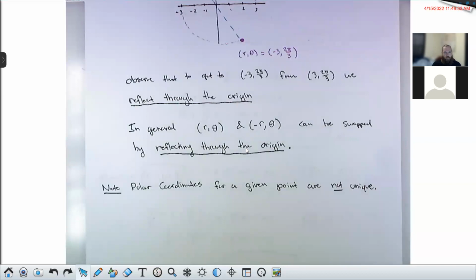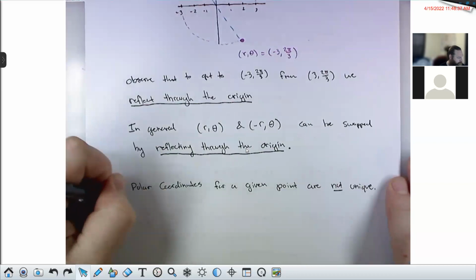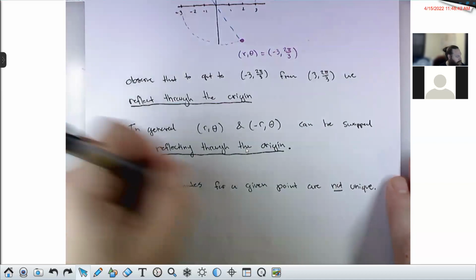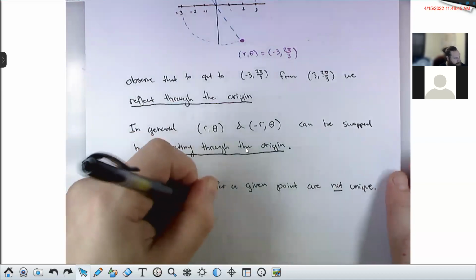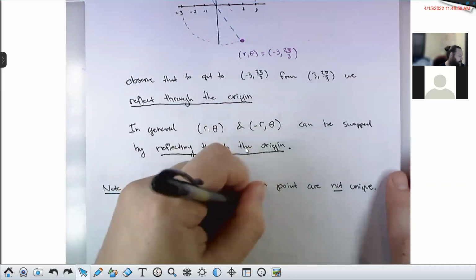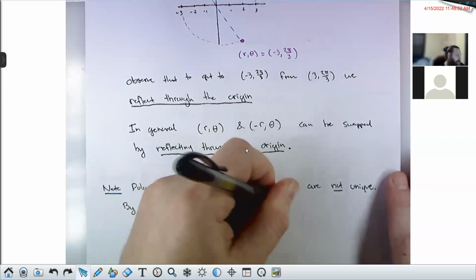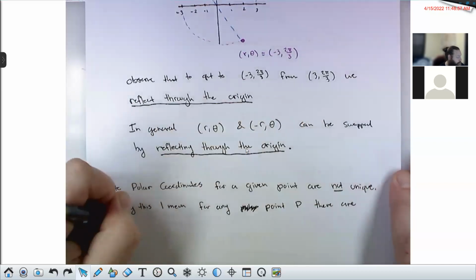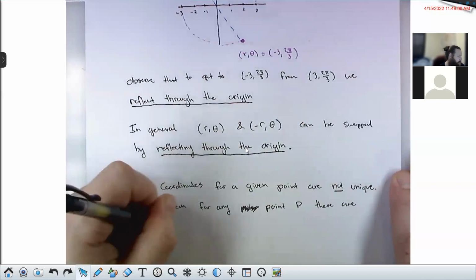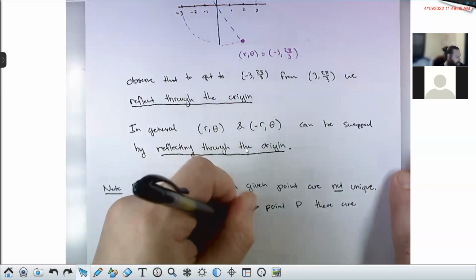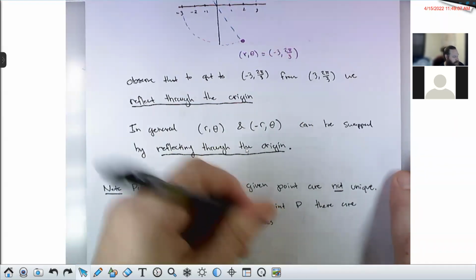It's going to connect back to what we're talking about, meaning by this I mean for any point P, there are many sets of polar coordinates for P.